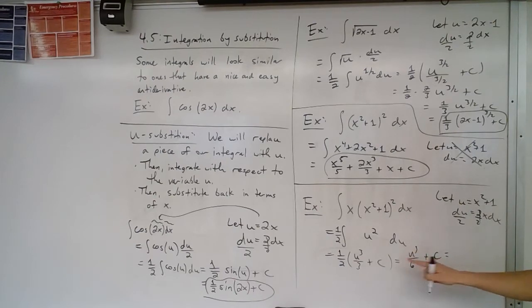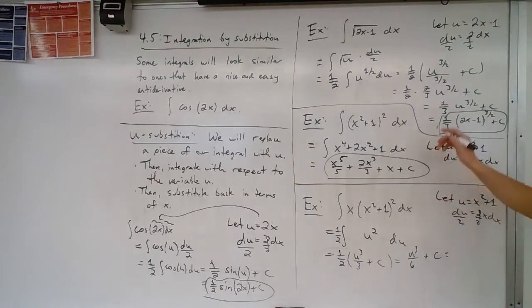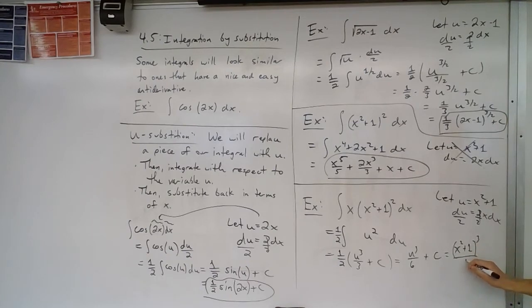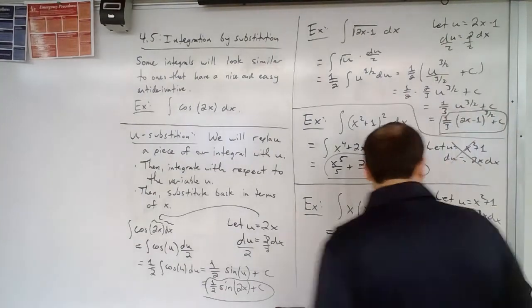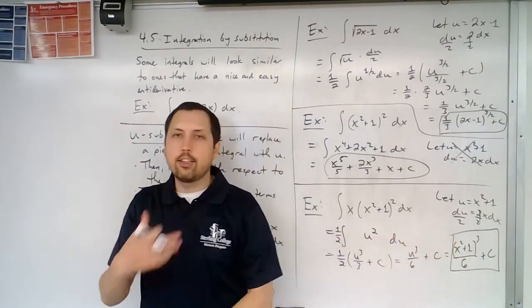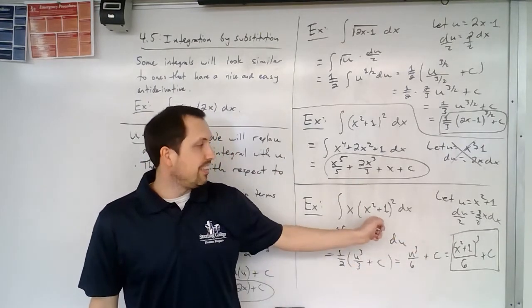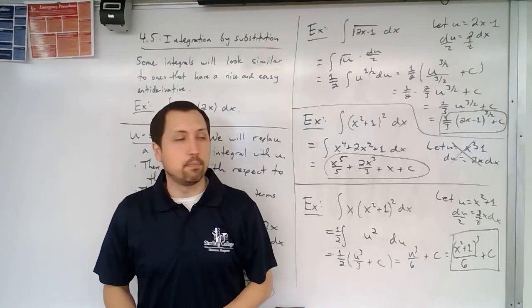But again, remember, the last step we want to do is substitute back in terms of x. So u was x squared plus 1. I have x squared plus 1 raised to the 3rd power divided by 6 plus a constant. And you could, again, check this if you wanted to. Take the derivative, verify this by using the chain rule, and you would indeed get that expression.